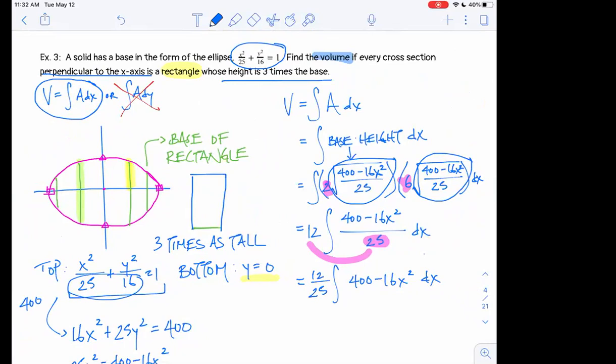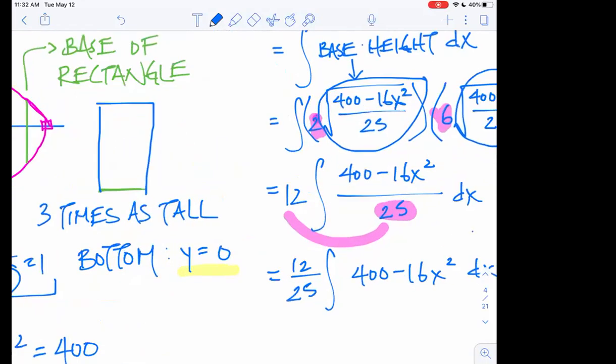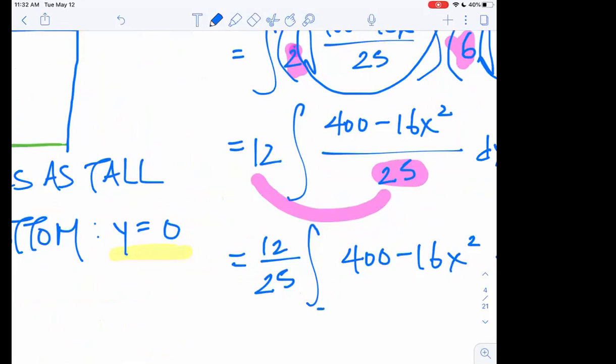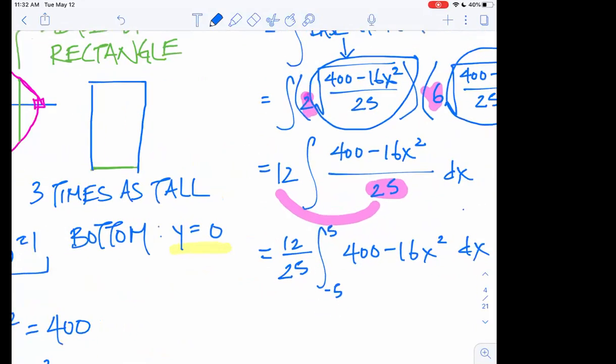How'd you get that? It's from the x squared divided by 25, so the square root of 25 is 5. Exactly. So you've actually given us both bounds. We've got a -5 down here and a +5 up here.